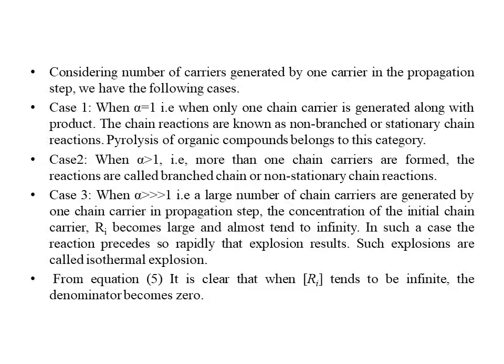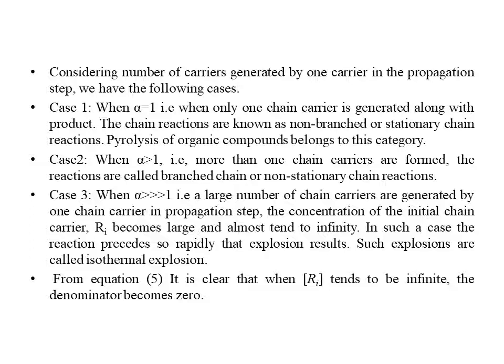The concentration of the initial chain carrier Ri becomes large and almost tends to infinity. In such a case, the reaction proceeds so rapidly that explosion results. Such explosions are called isothermal explosion.